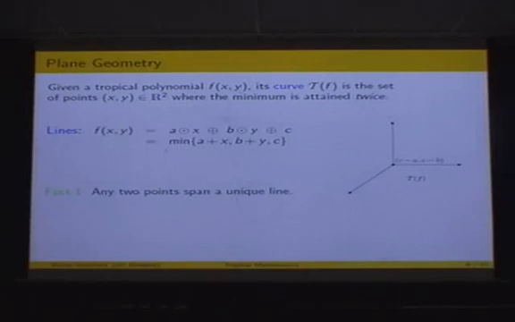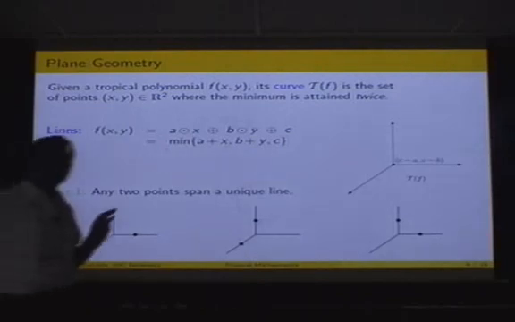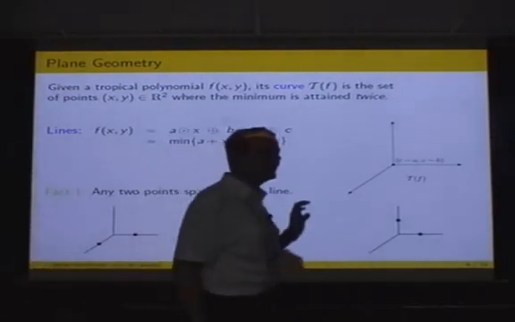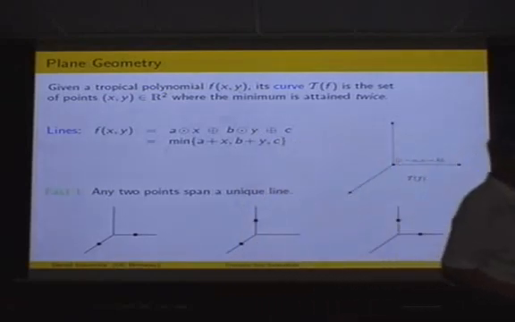Well, let's discuss a few facts about straight lines in the plane. So the first fact is that any 2 points in the plane span a unique line. Indeed, right? So if you draw 2 black points in the plane, there will be a unique line passing through those 2 points. Here are 3 different configurations. Now there's a little bit of fine print. It's not entirely true, actually. It could happen that you're unlucky.